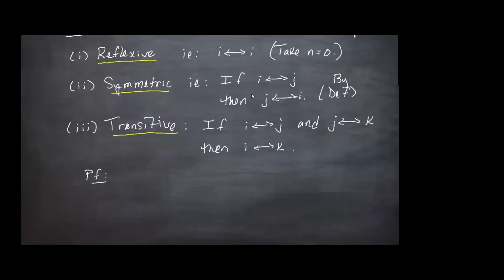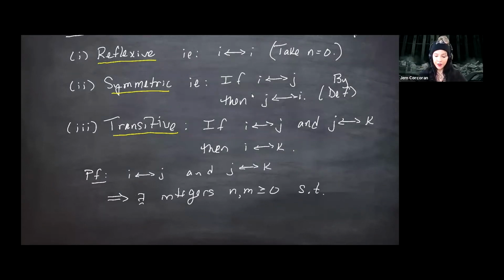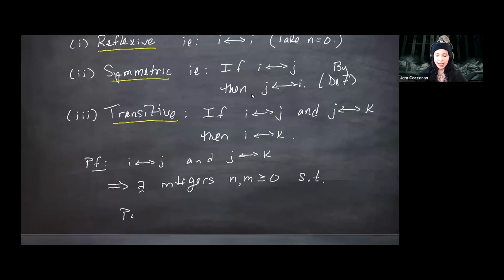So if we can go between i and j and k, this implies that there exist integers n and m greater than or equal to 0, such that we can go from i to j in n units of time with positive probability, and we can go from j to k in another m units of time with positive probability.